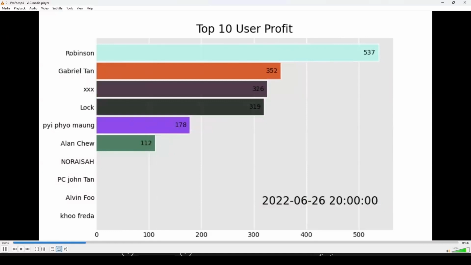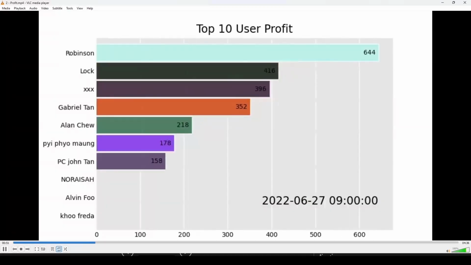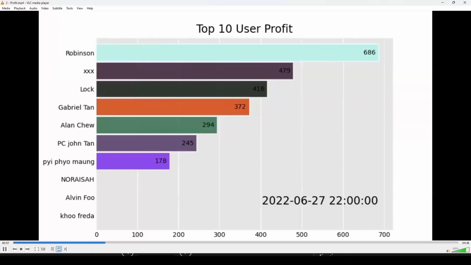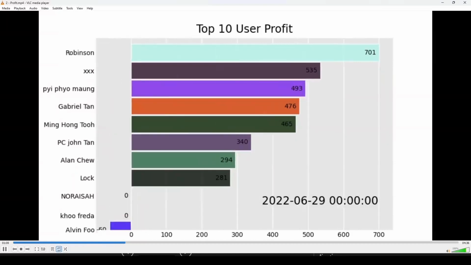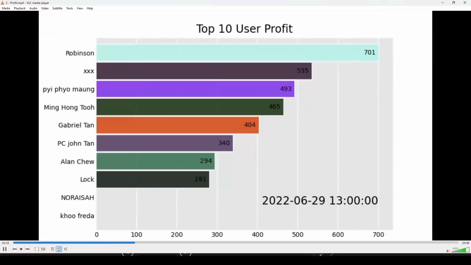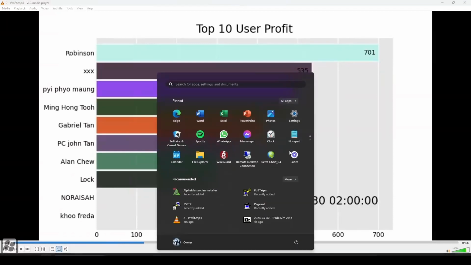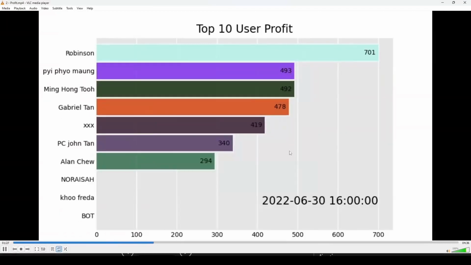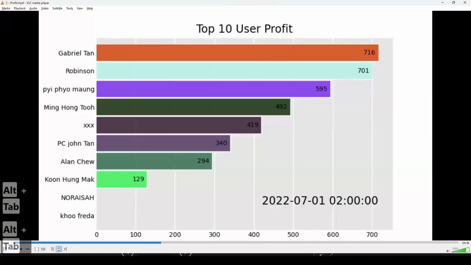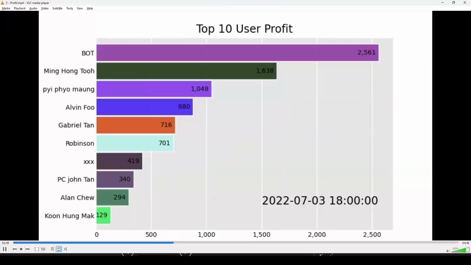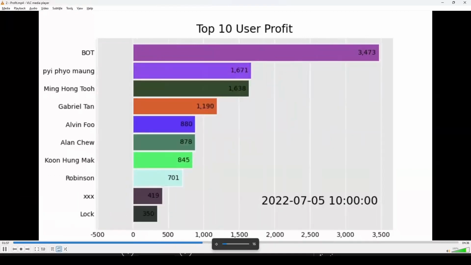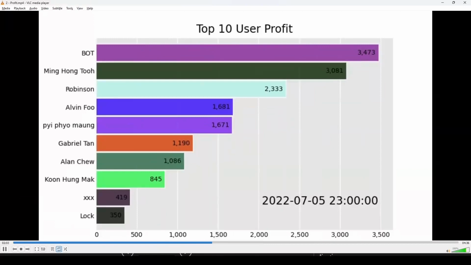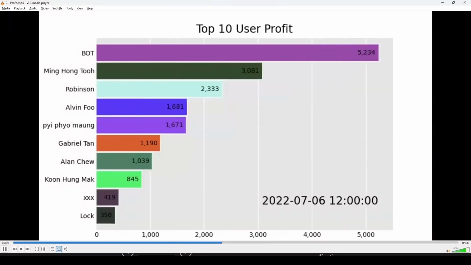Gabriel. Allen. John Tan. Min Hong To, Robinson.